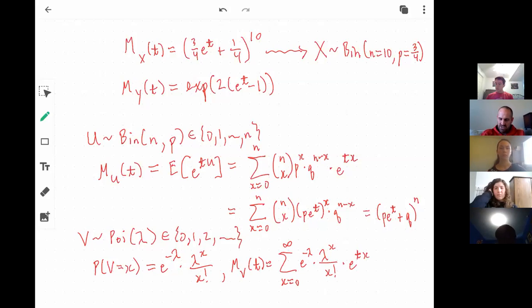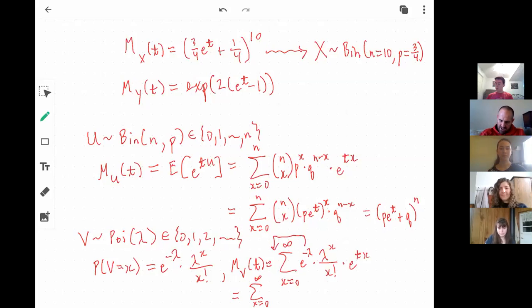And what would Paul say to do with those powers that are both raised to the x power? What do you think Paul would say to do there? Combine them and put them under the same power. Yeah. And by the way, this thing right here, e to the minus lambda, we can just pull out.